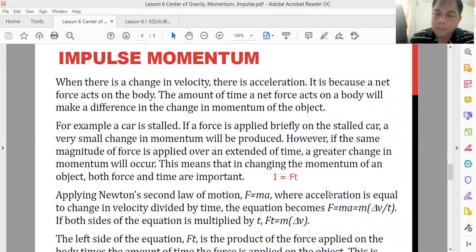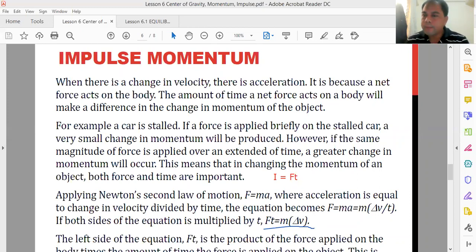Now, usually impulse and the change in the momentum can be equated. And therefore, you can see this equation over here that tells us that Ft is equal to m times delta v, and m delta v is our change in the momentum. So this one is our impulse.